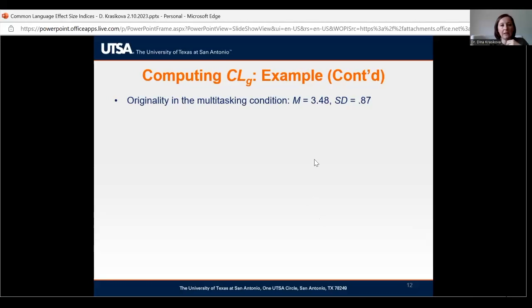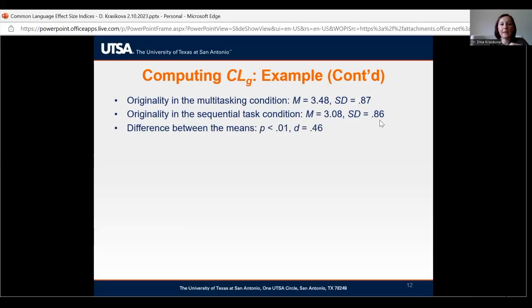So in the multitasking condition, the average originality was 3.48 with a standard deviation of 0.87. In the sequential task condition, originality was 3.08 with a standard deviation of 0.86. Now, the difference between these two means was significant at the 0.01 level with Cohen's d of 0.46.